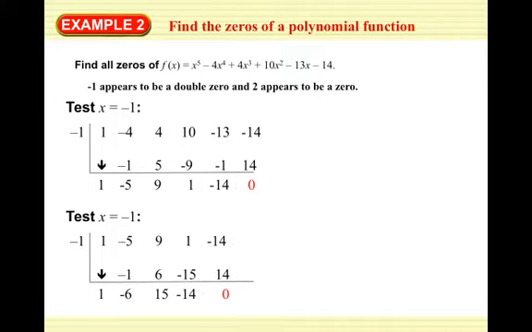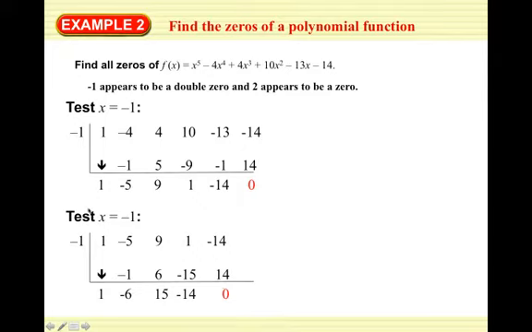Since we think negative 1 is a double zero, we want to try it again with the quotient polynomial. We take these values here and use them as our top row now, and we're doing negative 1 again. We bring down the 1, 1 times negative 1 is negative 1, and so on, and we end up with a 0.